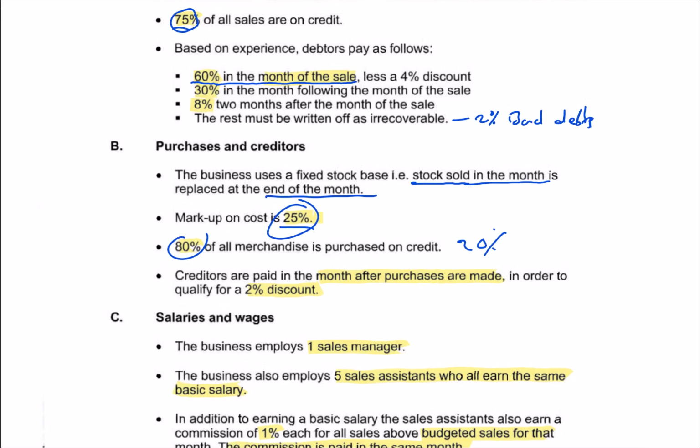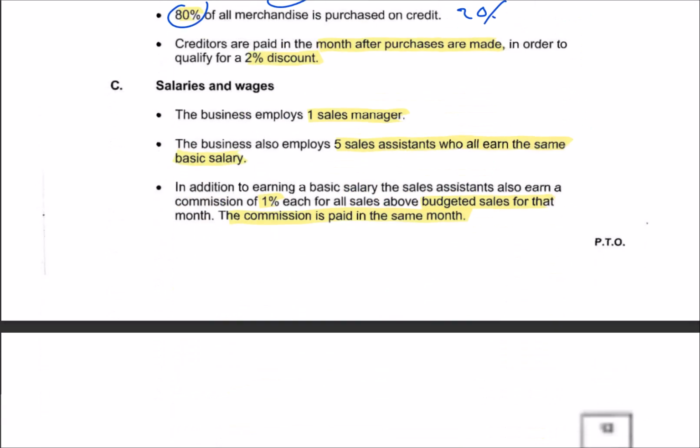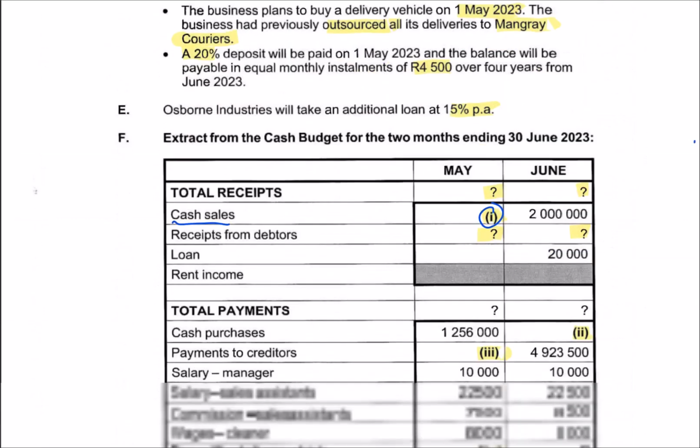Creditors are paid in the month after purchases are made in order to qualify for a 25% discount. We use exactly the same thing. You're not given your purchases. You need to calculate how much was purchased in the month before that, because creditors are paid in the month after. So the question is asking us to calculate purchases.